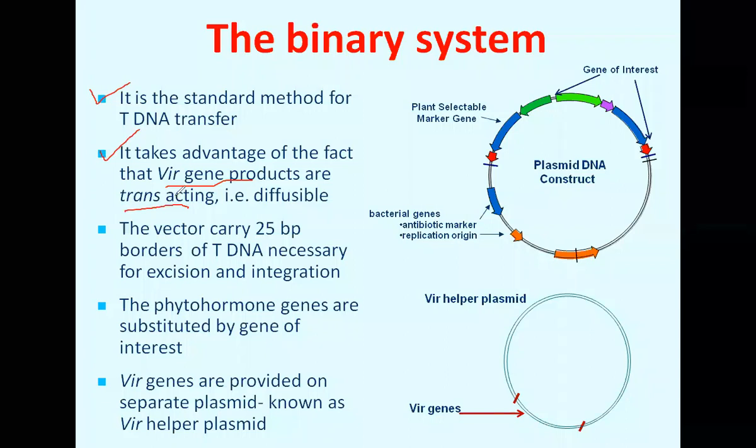So Vir genes are trans-acting, means they act by coding for a diffusible product. And what is the diffusible product? It is usually protein. Okay, so Vir gene products are trans-acting. This is the advantage. So you can have Vir genes on a different plasmid also. It is not necessary that the Vir genes should be physically close to the gene of your interest, because they are trans-acting, they act by coding for a diffusible product, that is protein.